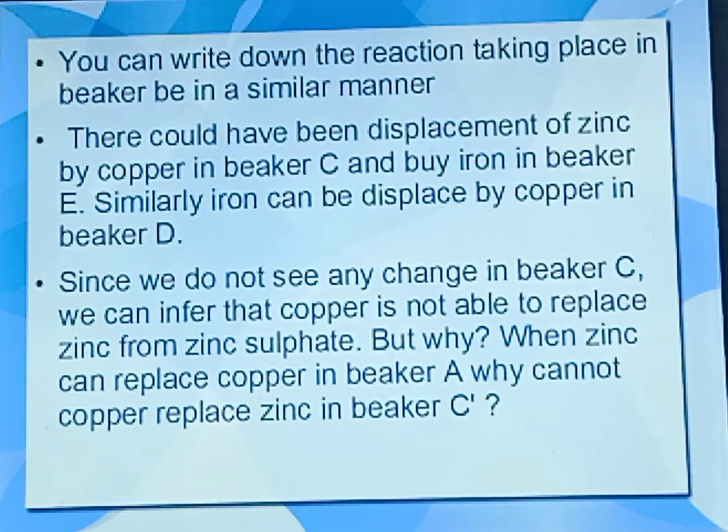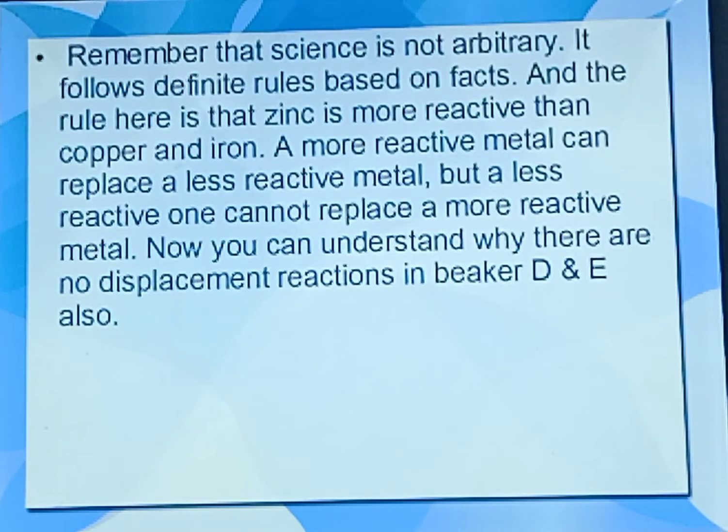Since we did not see any change in beaker C, we can infer that copper is not able to replace zinc from zinc sulfate. But why? When zinc replaced copper in beaker A, why can't copper replace zinc in beaker C? The answer is, remember that science is not arbitrary, it follows definite rules based on facts, and the rule here is that zinc is more reactive than copper and iron.